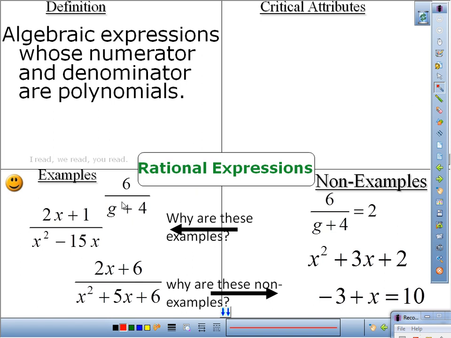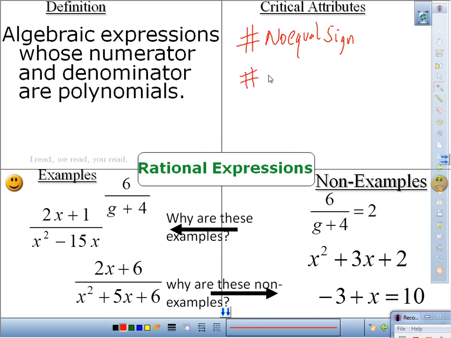So hashtags. What makes rational expressions? Who can start us off? Let's see. Chris, go. No equal sign. Continue. Kyrie, what other?